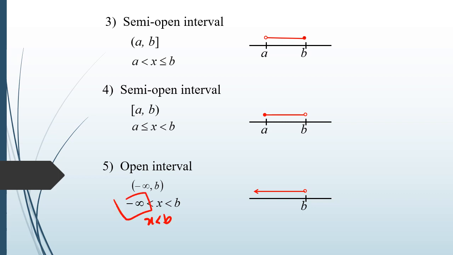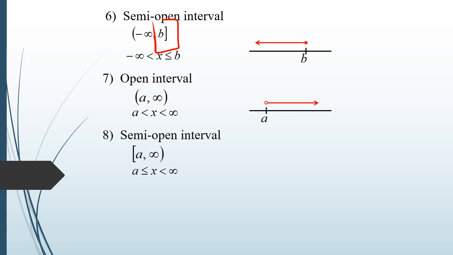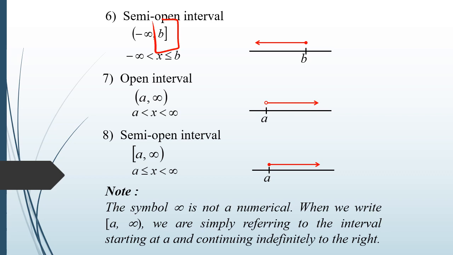We only know x is in between negative infinity and B. Semi-open interval, so the same one, but we have the square bracket here. Open interval, semi-open interval, the same as number 5 and 6.